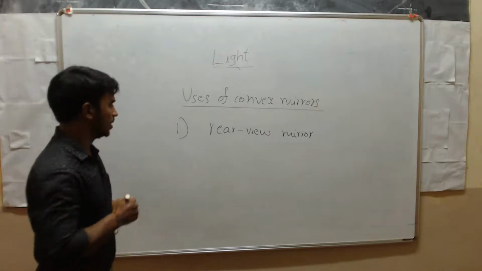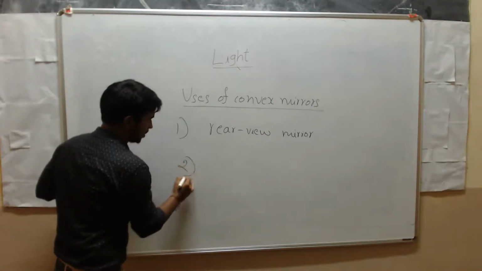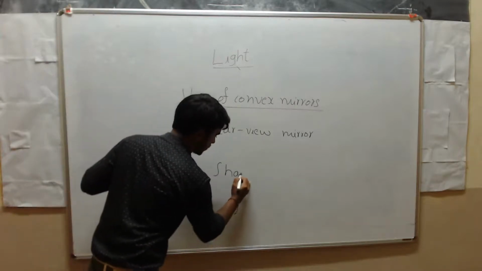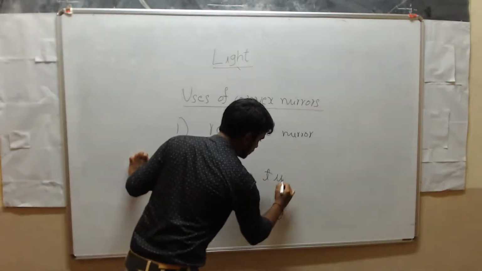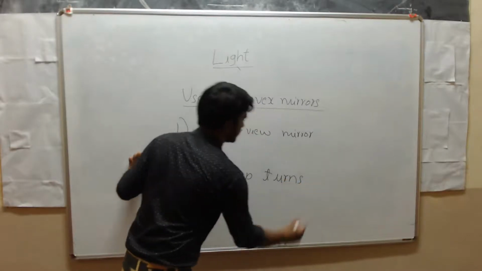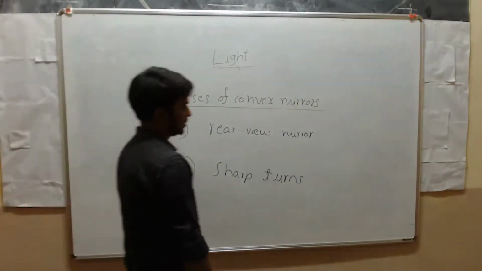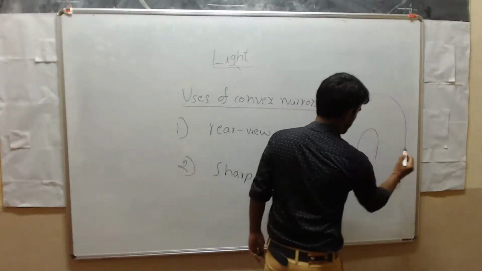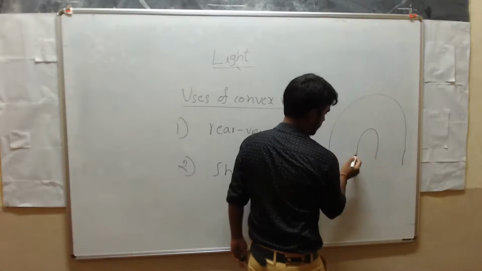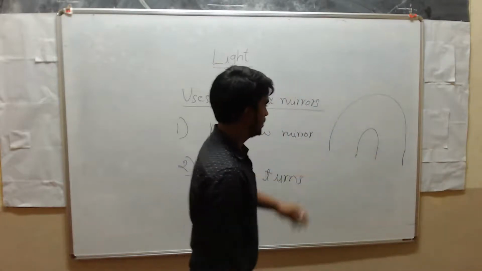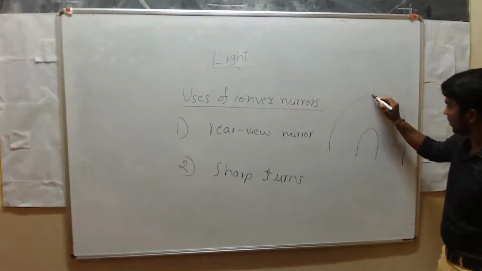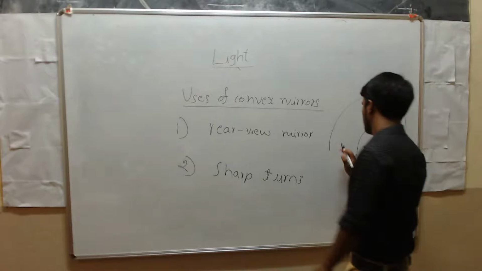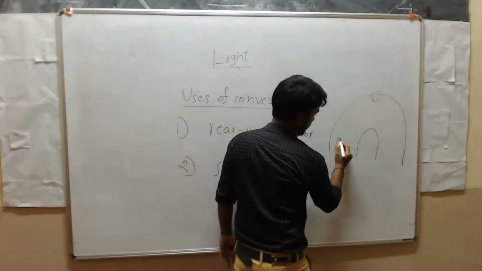Okay, next. We use these mirrors at sharp turns. For example, just imagine the road is U shaped. Here we will keep the convex mirror, because, for example, just imagine you are traveling here.